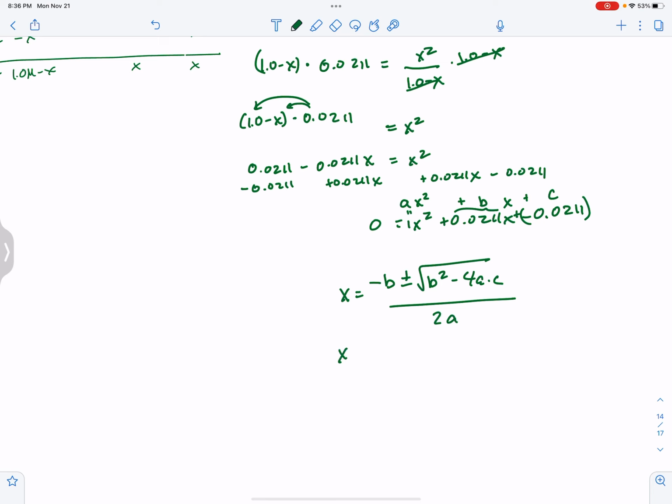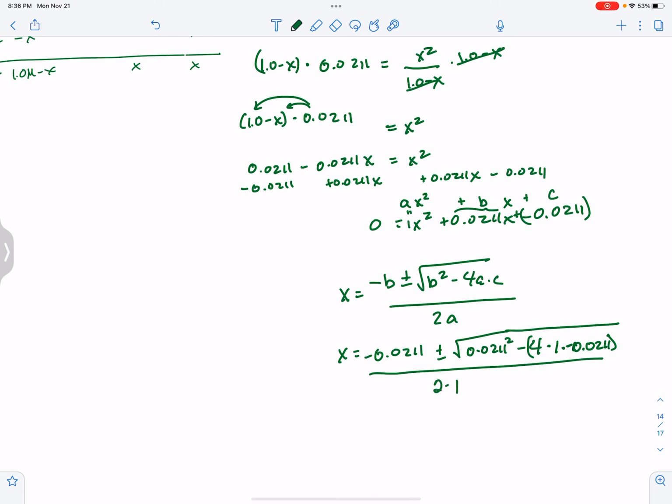And then you put in that this is 0.0211, so minus that, plus or minus the square root of 0.0211 squared minus 4 times 1 times a negative 0.0211. I'm going to put parentheses around that. That whole thing's in the square root over 2 times 1.